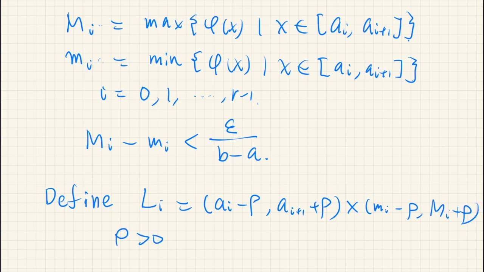And rho is an arbitrary positive constant.